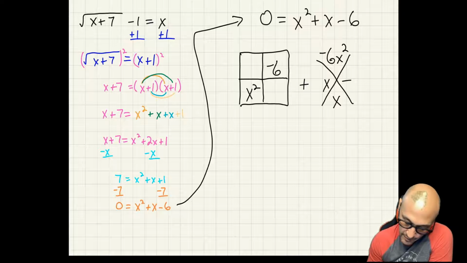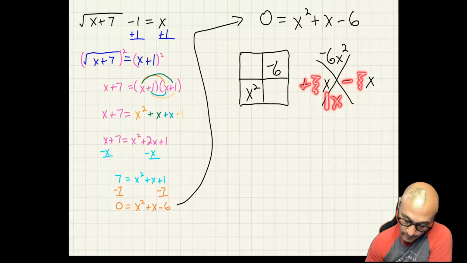So we have positive something x and negative something x. So we have to put a number here and here so that positive something times negative something is equal to negative 6, and positive something plus negative something is equal to positive 1.